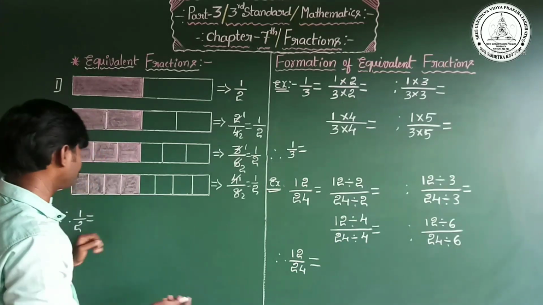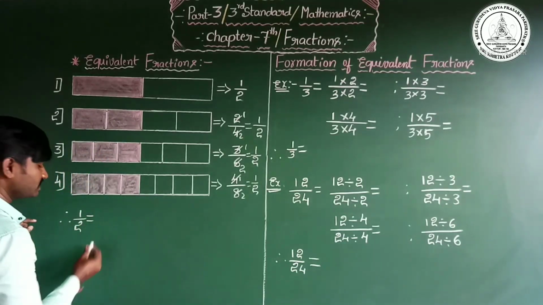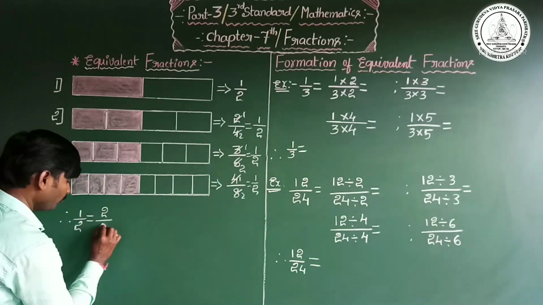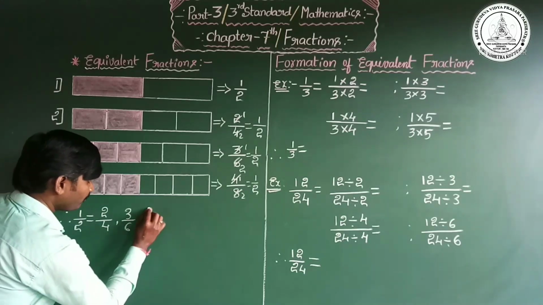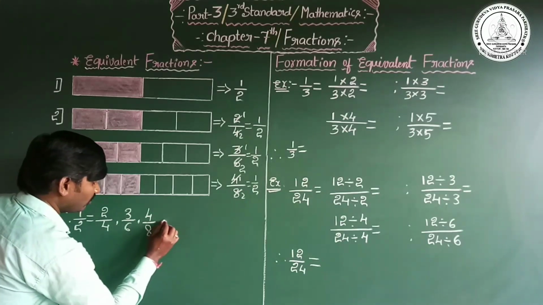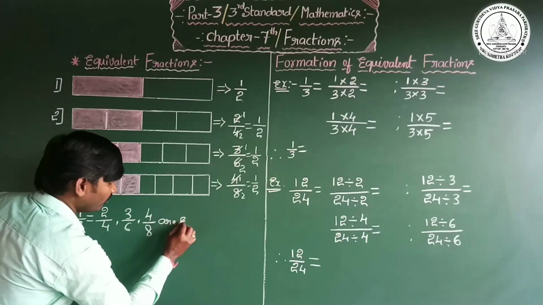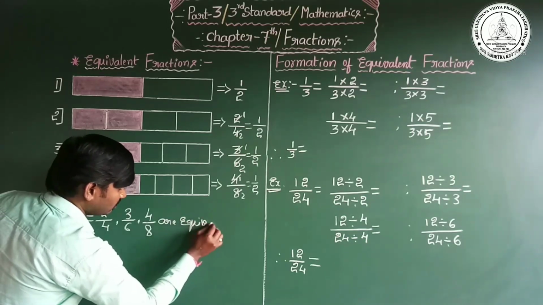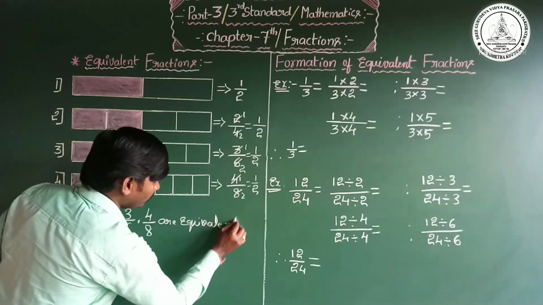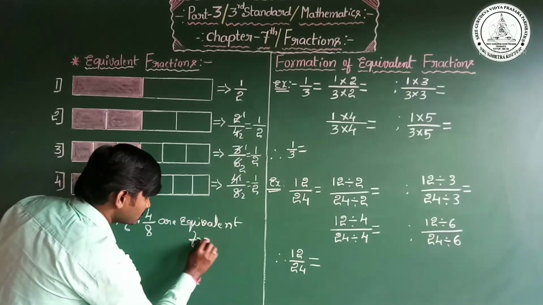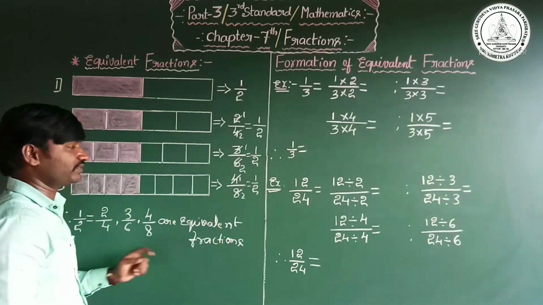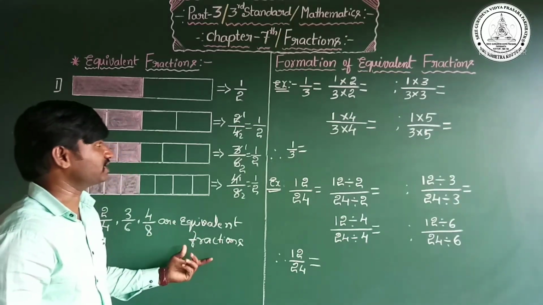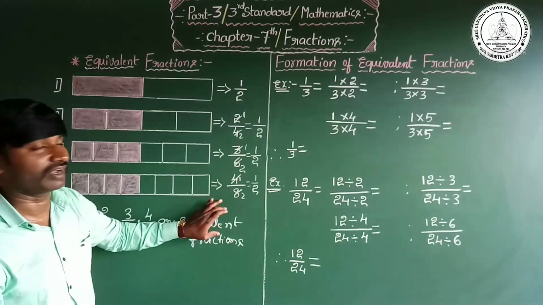Therefore, 1 by 2 is equal to 2 by 4, 3 by 6, 4 by 8. We call these equivalent fractions.